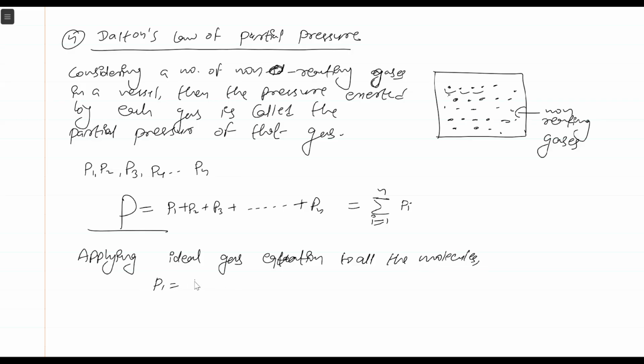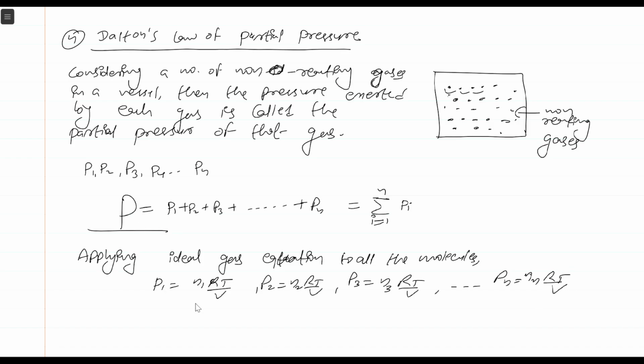P1 is equal to N1 RT by V, P2 is equal to N2 RT by V, P3 is equal to N3 RT by V, and Pn is equal to Nn RT by V. So we get all these individual equations.